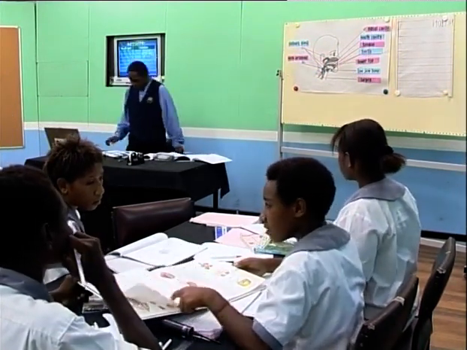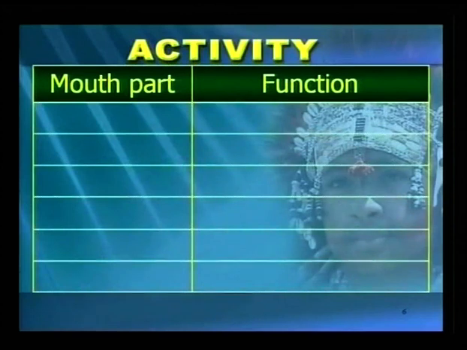Right, what you are going to do now is name the mouth parts and then come up with the functions. The naming of the mouth parts has already been done for us, receiving students, by your friends from the model class.